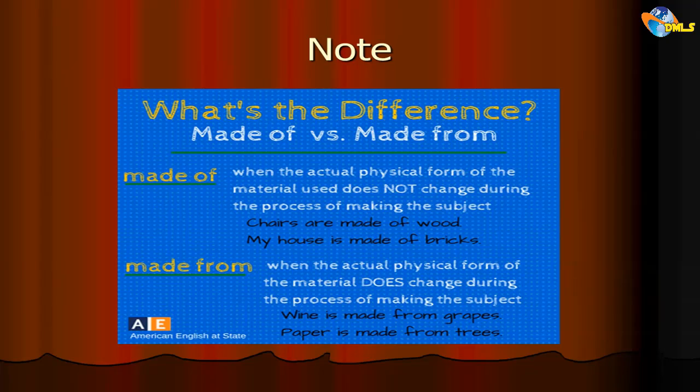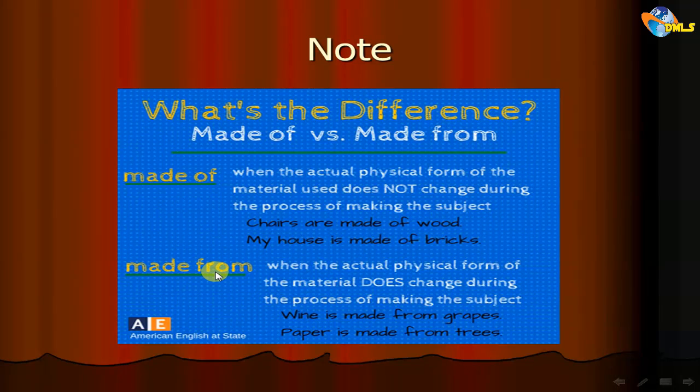So when I use a material to make something and the material doesn't change, I used wood to make chairs and chairs are still wood, so I use made of. I use bricks to make my house and my house is still made of bricks. So again, made of when the actual physical form of the material used doesn't change during the process of making the subject.